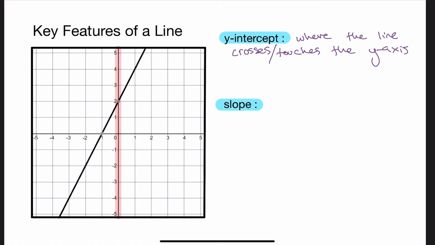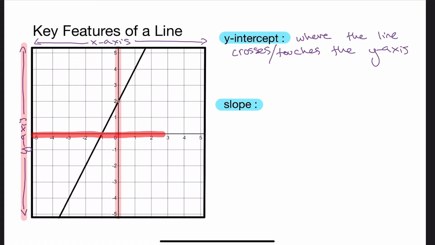So on the other side over here, I'm going to write that y-axis, and it's going to go up and down every time. So I'm going to highlight that just so that we know. And then I'm also going to put in the other axis we have. That's our x-axis. That is going to be the one that goes from side to side, and that is going to be this one right here. That is our x-axis.